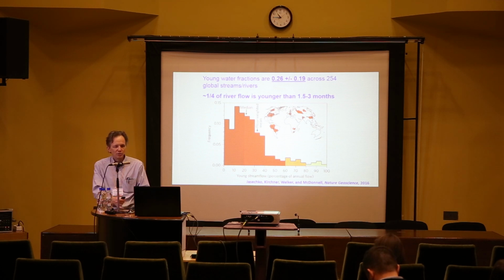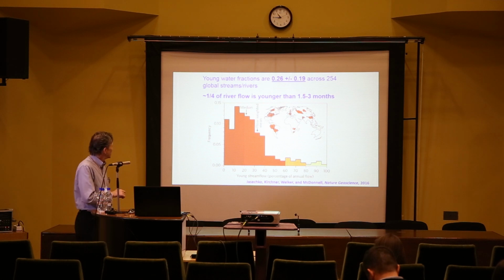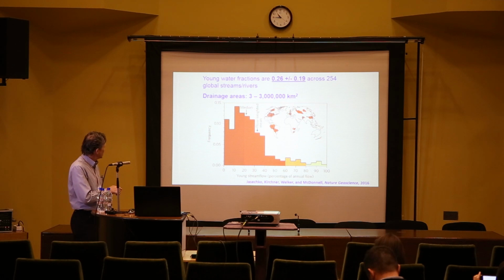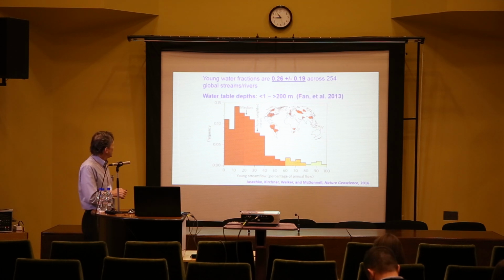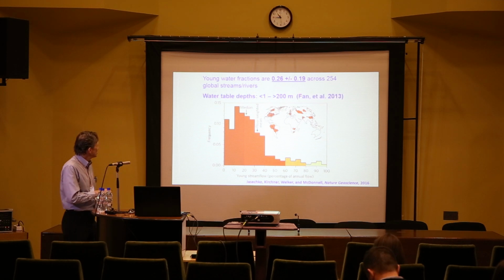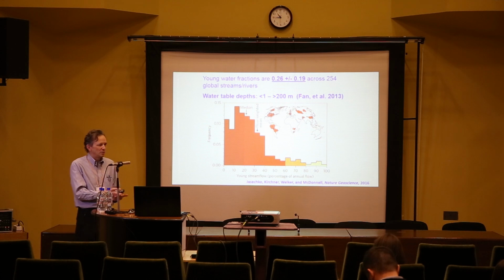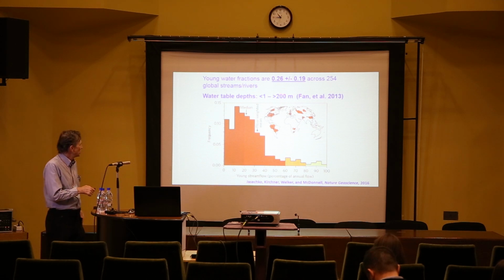The fraction of young water in rivers varies between nearly 0 and about 40%. And this pattern is consistent across drainage areas of very small experimental catchments to some of the largest rivers on Earth. It's consistent in places where the water table is less than 1 meter below the surface and more than 200 meters below the surface.